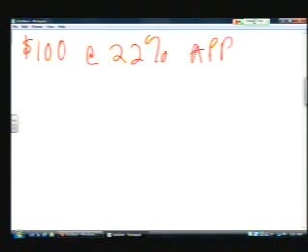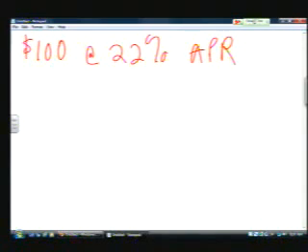So if you borrow $100 at 22% APR, that means in 1 year's time, assuming that you didn't make any payments for the whole year, you just borrow it, and then a year from today you pay it back.